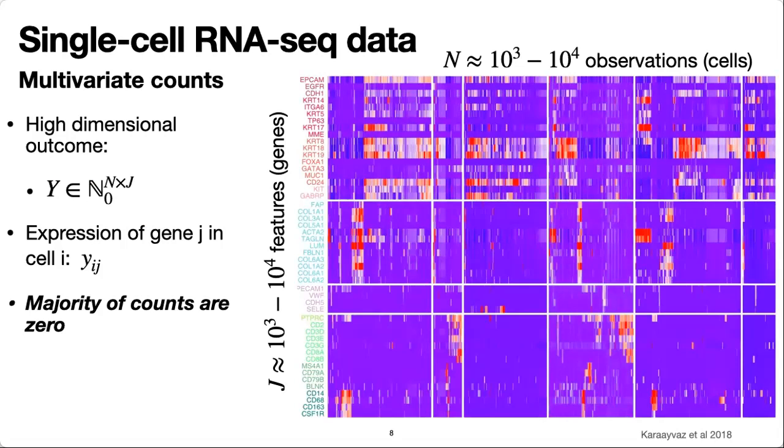So those are our samples, our observations. And then we also have a large number of features, possibly 20,000 genes in humans or mice. Of course, many of the genes carry no information, especially when you're looking at data within a tissue. So we're often interested in feature selection to narrow the set of genes down to only those that are interesting in some way.